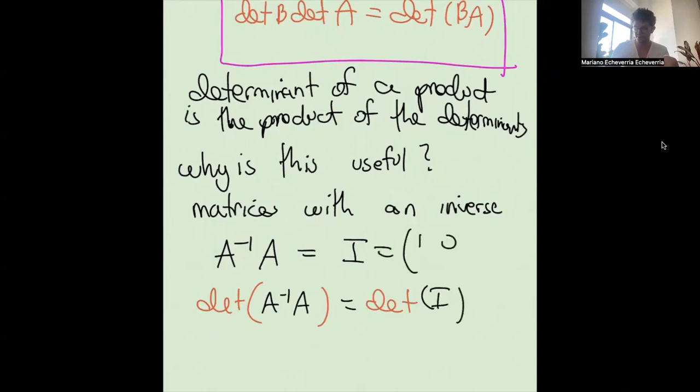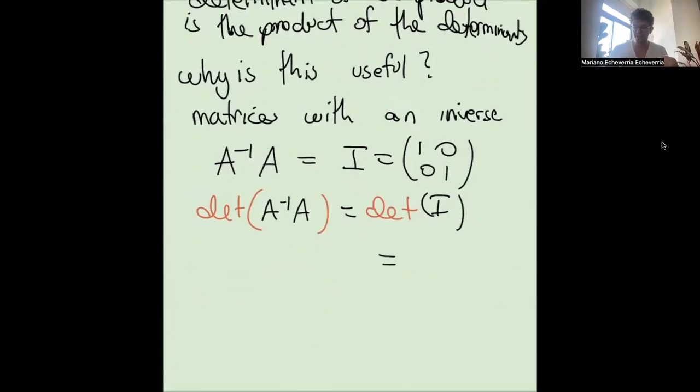Here, the identity was 1001, right? Let's start with the easy part. What's the determinant of the identity? The determinant of the identity is 1, right? And what's the determinant of these?